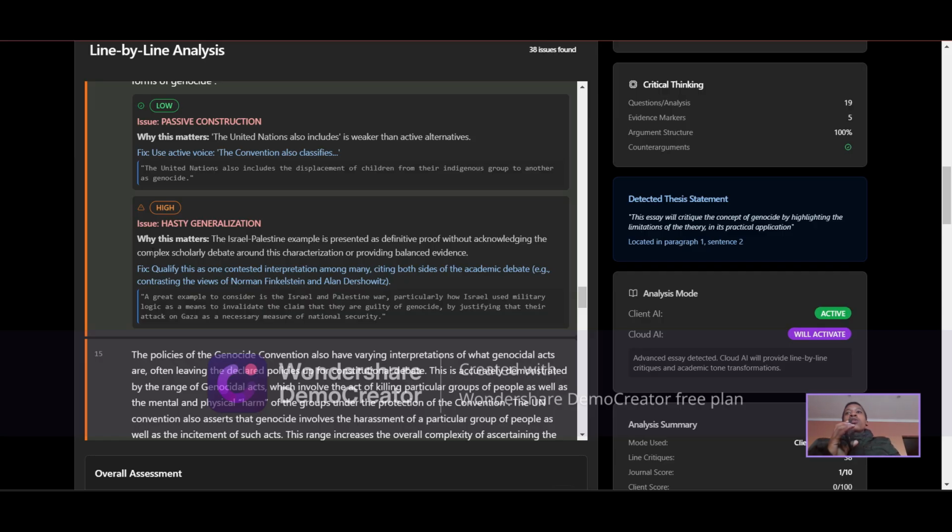Another thing, we're also looking at generalizations. The Israel-Palestine example is presented as definitive proof without acknowledging the complex scholarly debate around the characterization or providing balanced evidence. You may already know what you're going to argue for in your essay, but you don't consider all these other perspectives that are in conversation on the topic. You are overgeneralizing everything, and you may be right, but it should be more complex than what you're describing on the paper.